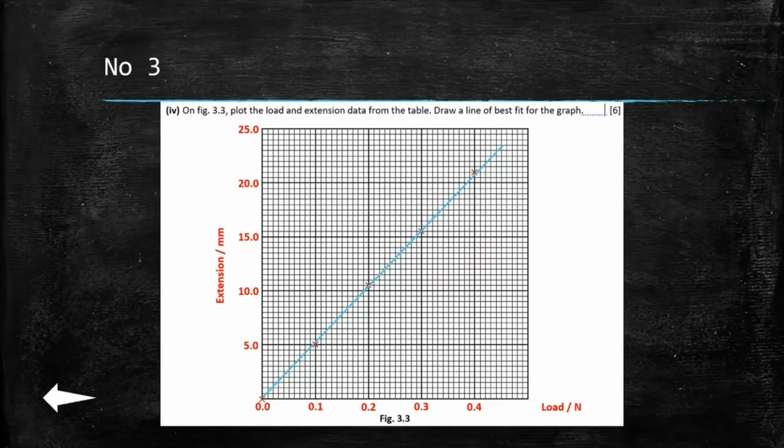Draw a right angle triangle on the graph to mark which 2 points are used to calculate the spring constant. I choose (0.3, 15.5) and (0, 0). So, my right angle triangle looks like this. The run over rise equals 0.3 over 15.5.